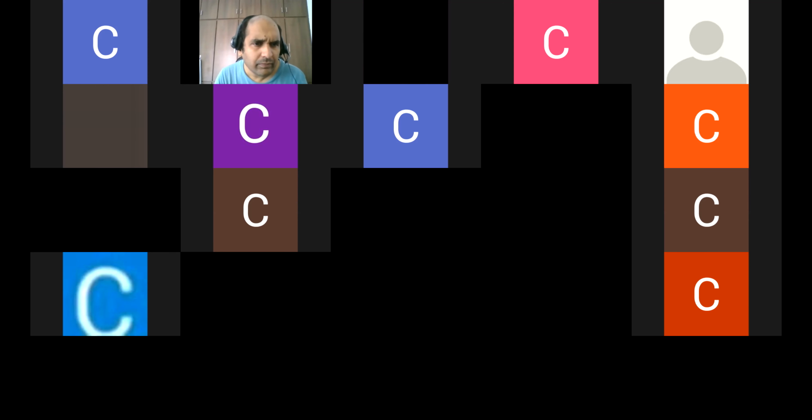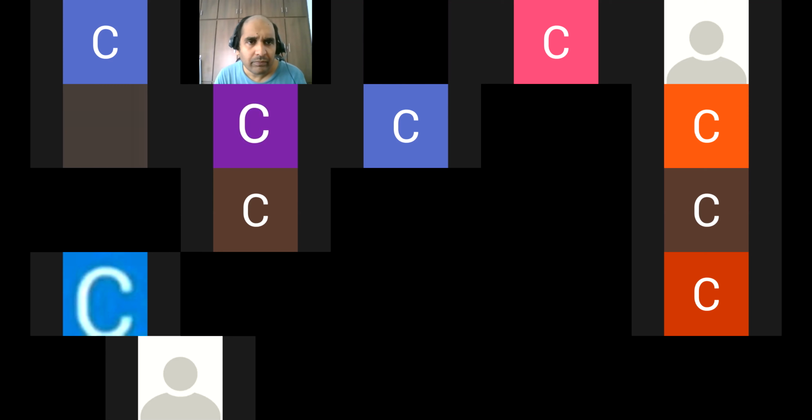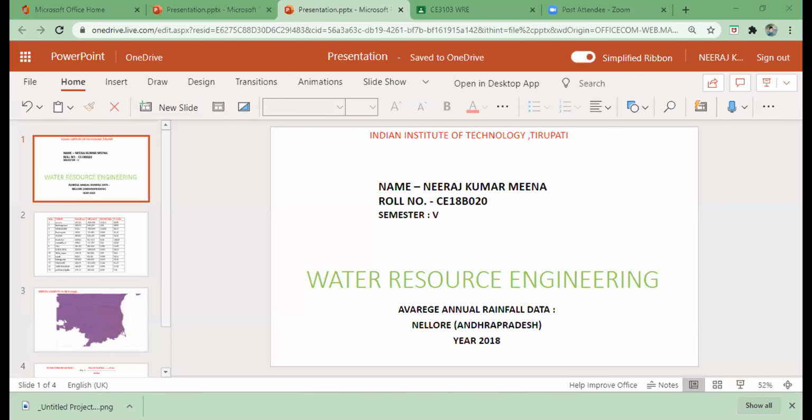Neeraj. Yes, sir. Yeah, please share your screen. Good morning, sir. Yeah, good morning. Sir, I did this calculation for Nellore district. Very good.